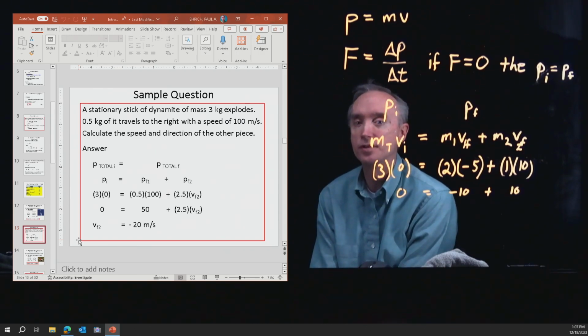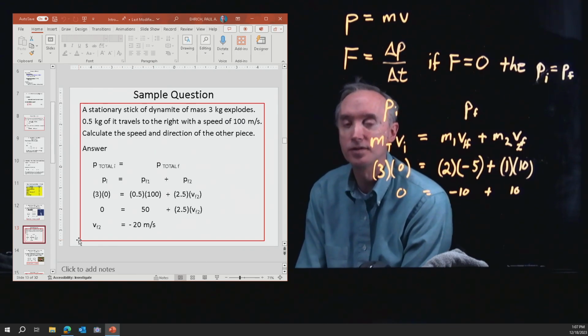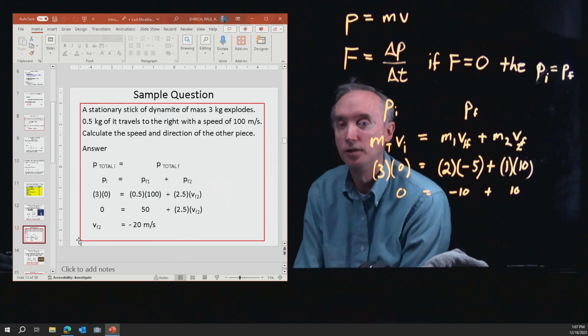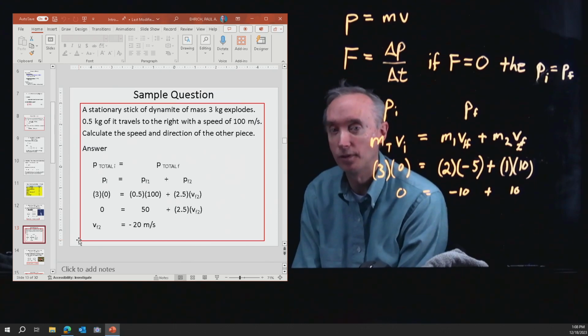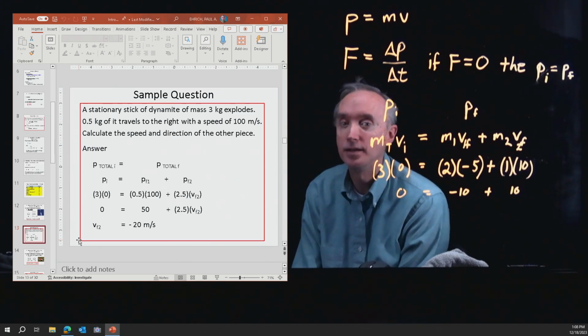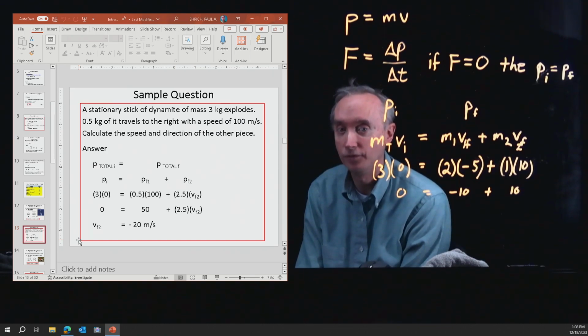So we're going to use that the initial momentum has to equal the final momentum. Okay, the initial mass is going to be 3. So we started off with 3 kilograms, and it did say that it was stationary. So we're going to say 3 times 0 equals 0. Okay, then the other piece was going to the right, so that's positive 0.5, and then times its speed, which was 100.